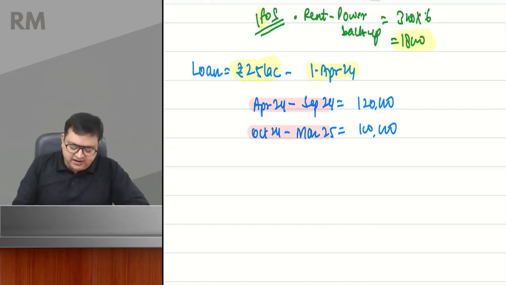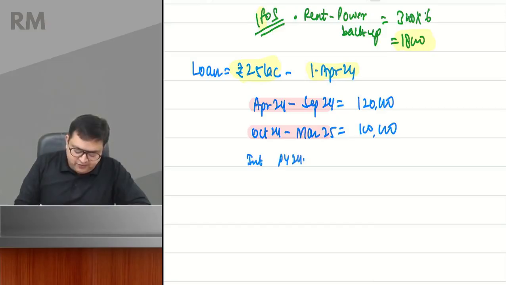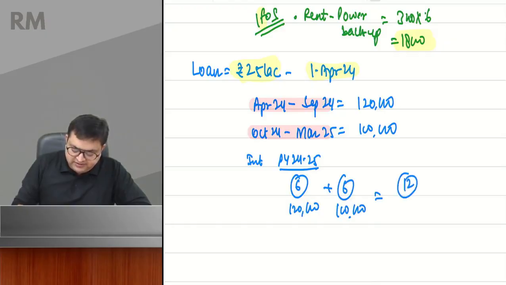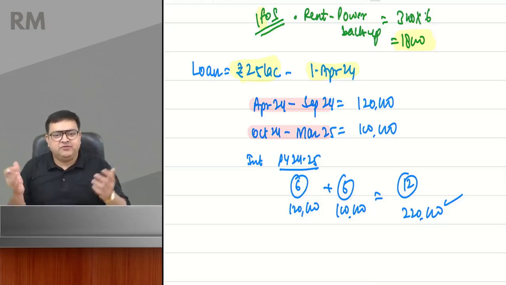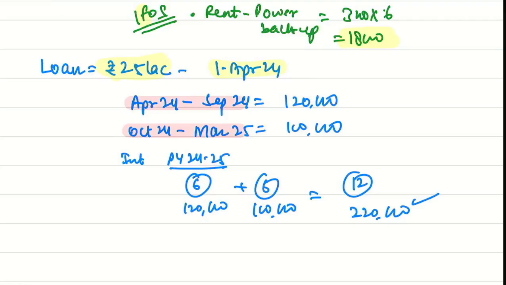I will say, boss, I need interest for previous year 24-25. For first 6 months you are saying 120, for next 6 months you are saying 1 lakh. Sir, you should have told me now for entire 12 months it is 220. That's it. The entire interest amount is 2,20,000. Everybody okay with it or not?